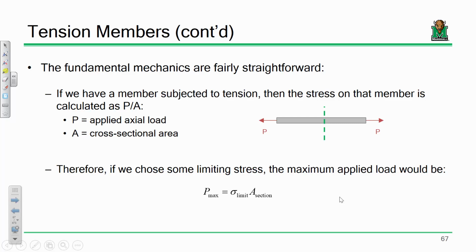Well, it's some limiting stress times the area. That's about as complicated as it gets. Now, there are some detailed phenomena we need to discuss about gross sections and net sections and shear lag, but the overall idea is no more complicated than that.